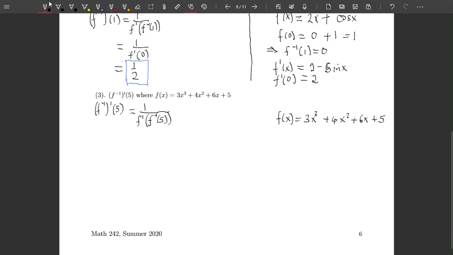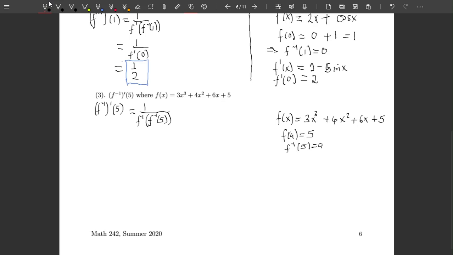Now, for me to be able to find out what my f inverse of 5 is, I'm going to ask myself, what value of x is going to give me 5 for this function? What I mean is this: is there any value a such that f of a is equal to 5? If any such value exists, that means that my f inverse of 5 is equal to a.